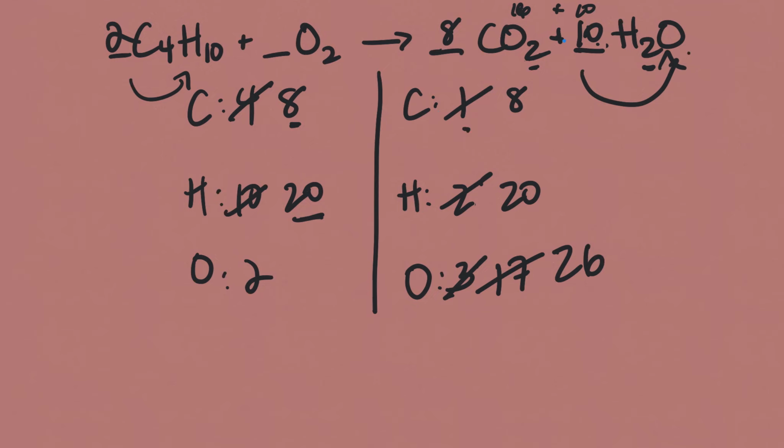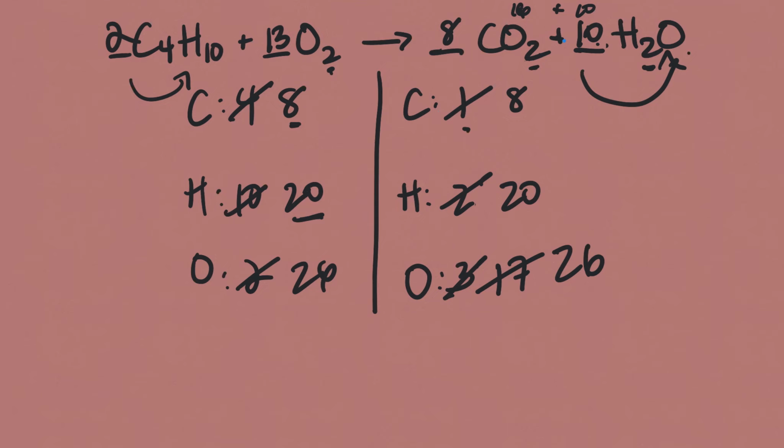Now, hopefully this makes things a little bit easier. If you have 26 oxygens on this side, then here, since the only oxygen is O2, we just need a 13. 13 times 2 is 26. All right, so let's just double check to make sure everything pans out the way we want it.